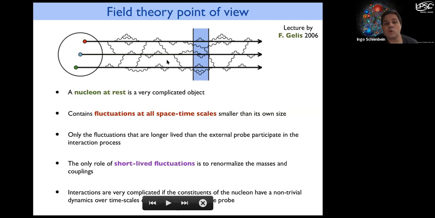So short-lived fluctuations are not a problem. They will only lead to renormalizations of the masses and the couplings, but the long-lived fluctuations will prohibit a picture where you have a free parton that then interacts in a short distance process.